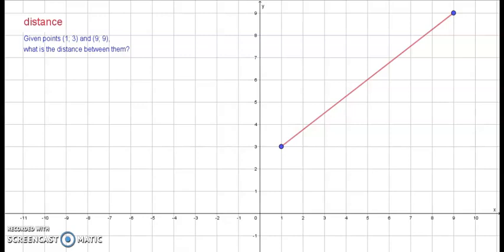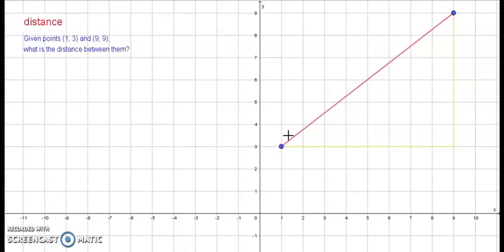What I mean by that is the distance between these two is no longer just a horizontal component like we had at first, or just a vertical component, but we're moving both horizontally and vertically to get from one point to the next.